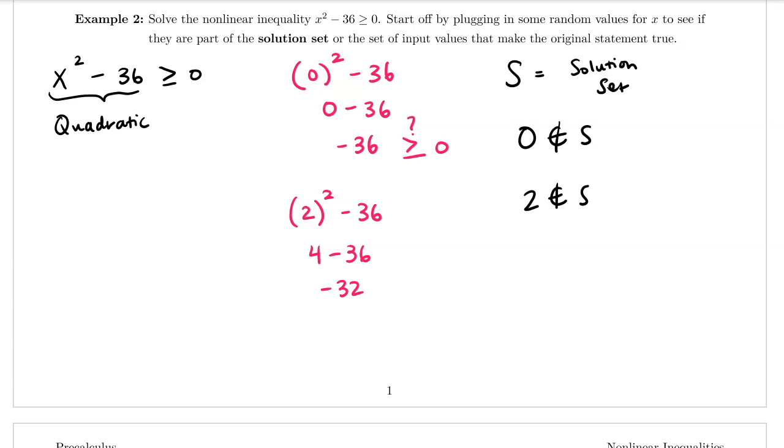So if I did 6 squared, 6 squared is 36, minus 36, that ends up giving me 0. Now 0 is greater than or equal to 0, so therefore I can come to the conclusion that 6 is in my solution set. But I can't keep just testing all the numbers that are out there possible. That would take me forever. So how could we do this in a way that would be more helpful?